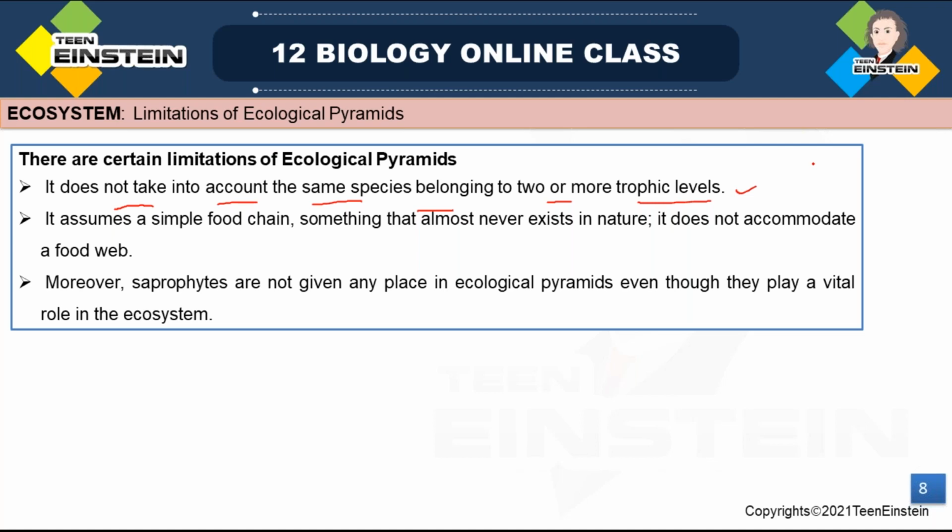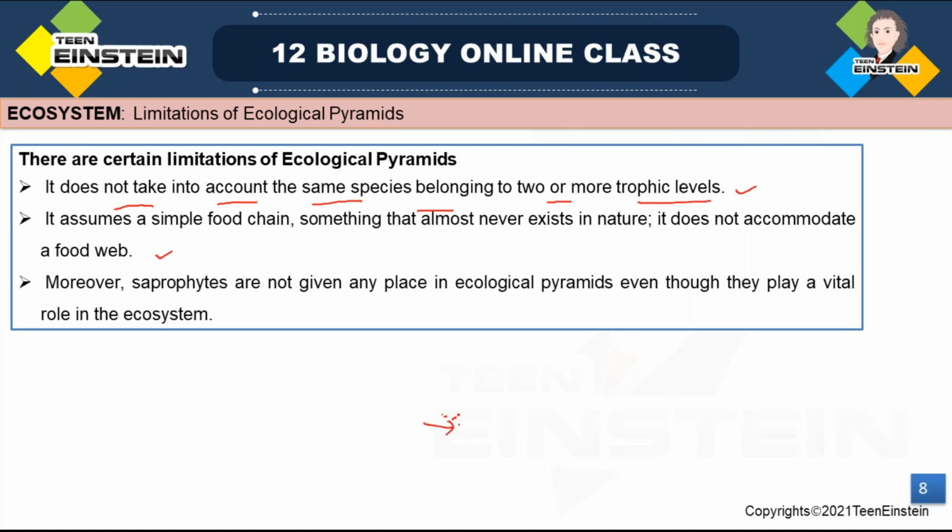Then the second one: it assumes a simple food chain, something that almost never exists in nature. It does not accommodate a food web. Got it? This is a very important point and a very important concept. Here you can see it is considering a food chain. Consider a grassland.